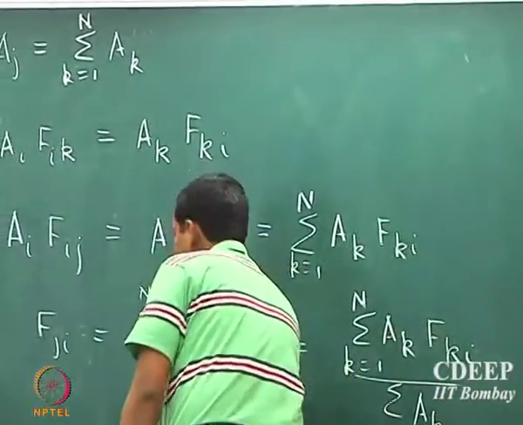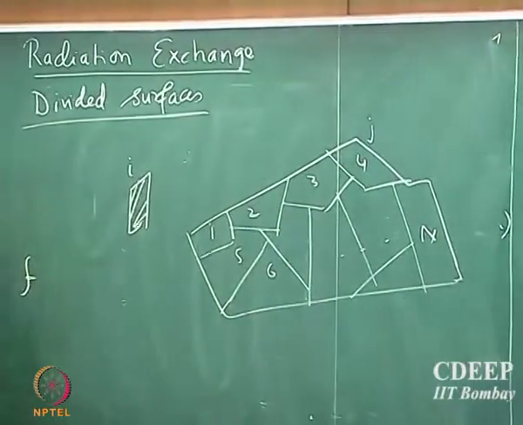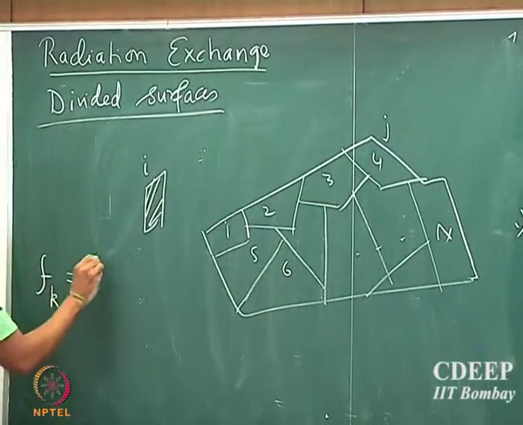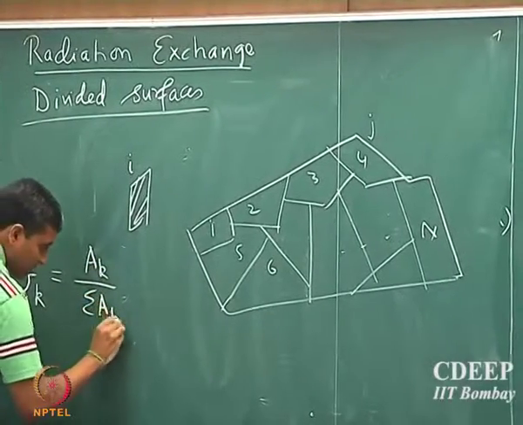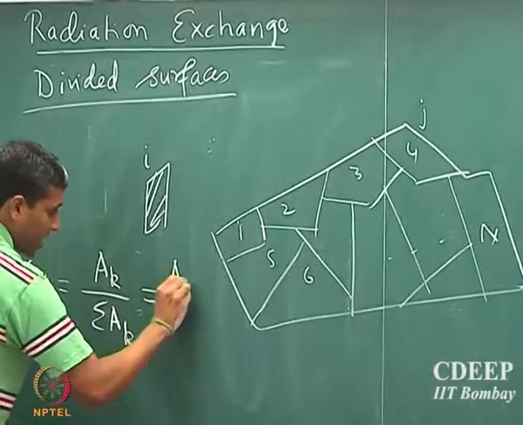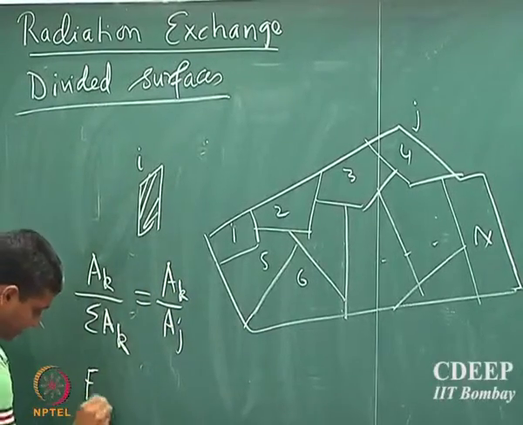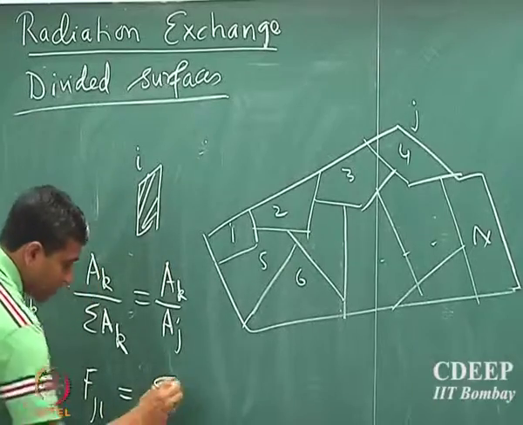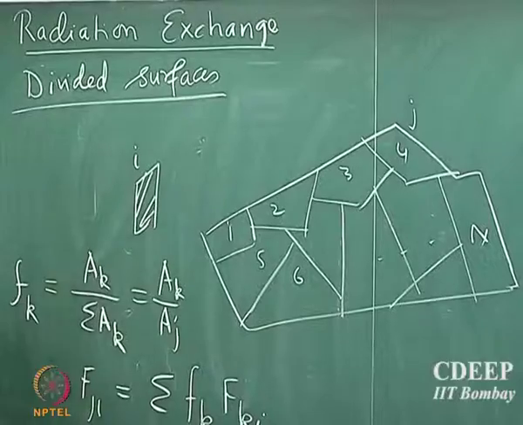So if I call small f the fractional surface area, Ak by sum, that is nothing but Ak by Aj. So Fji is nothing but the sum over all k of fk Fki. Okay.